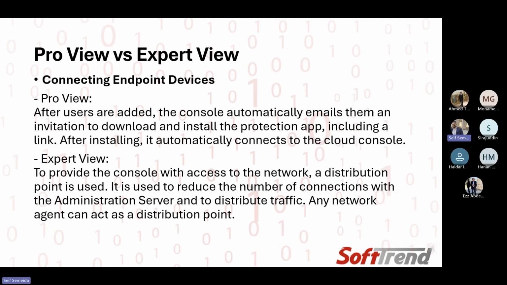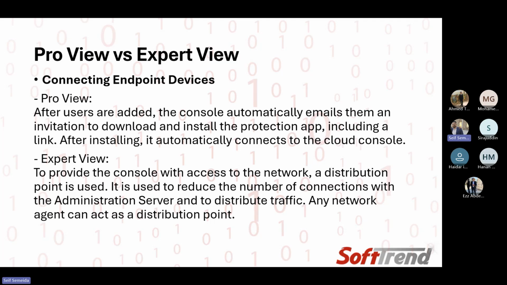you have to provide the console with access to your network and discover your devices, whether from the Active Directory domain or from the network addresses. You can also use a distribution point if you're using Expert View on the cloud.